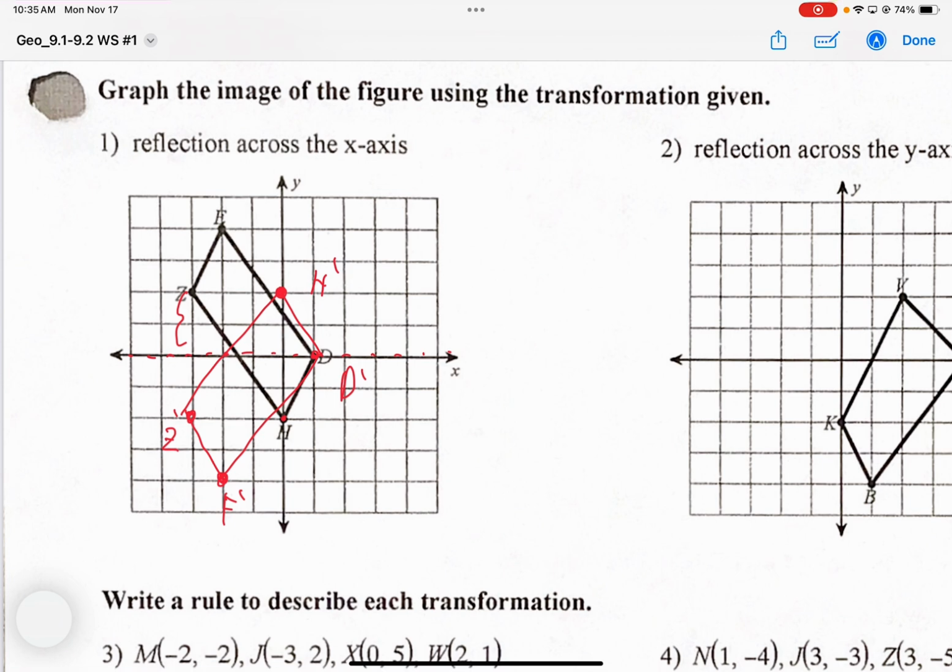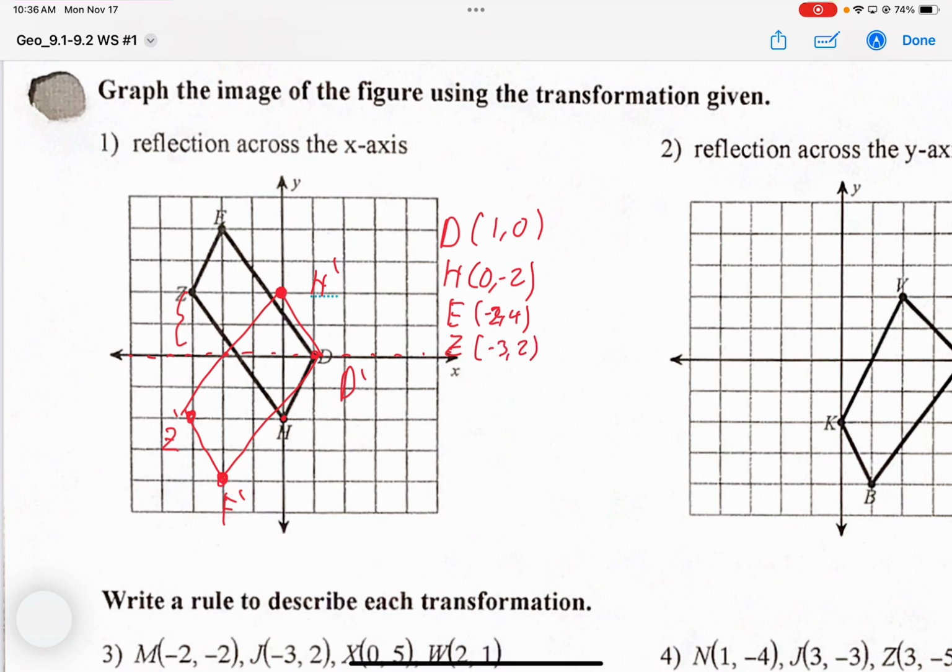The other way is if I had D, H, E, and then Z, with the original coordinate points D (1, 0), H (0, negative 2), E (negative 2, 4), and Z (negative 3, 2).